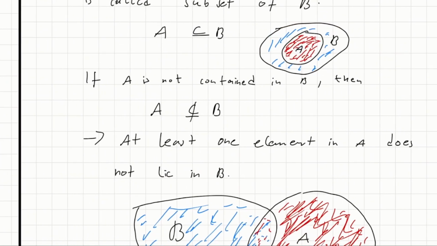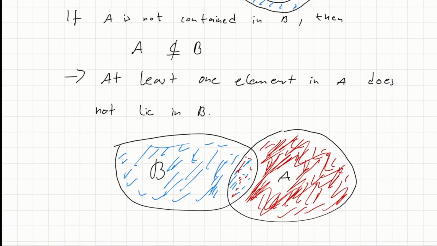I'm sorry. So if A is not contained in B, then A is not part of B, and now it's really, really important. It could still mean that there are elements which are equal. Let's say for example, A is 1, 3, and 4, and B is 1, 5, and 6.